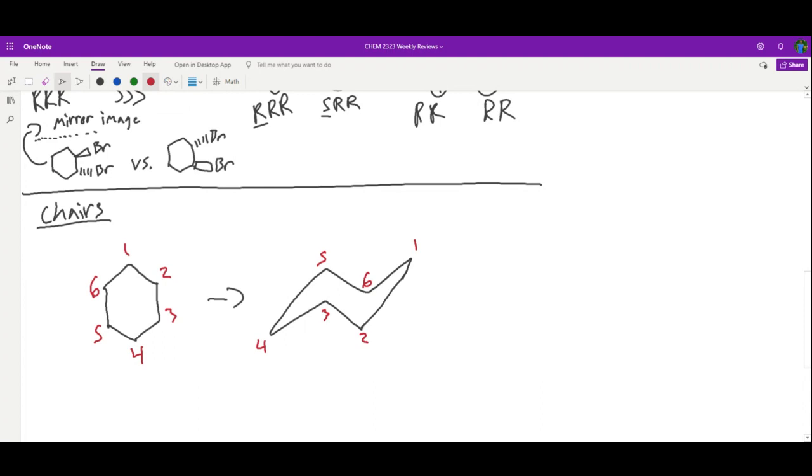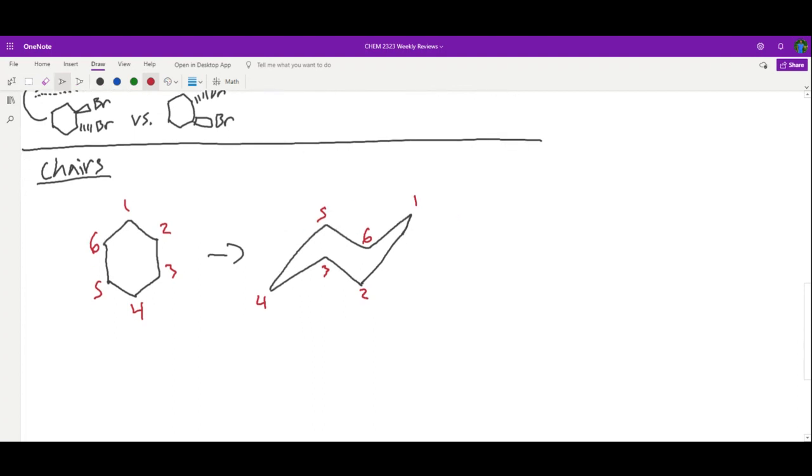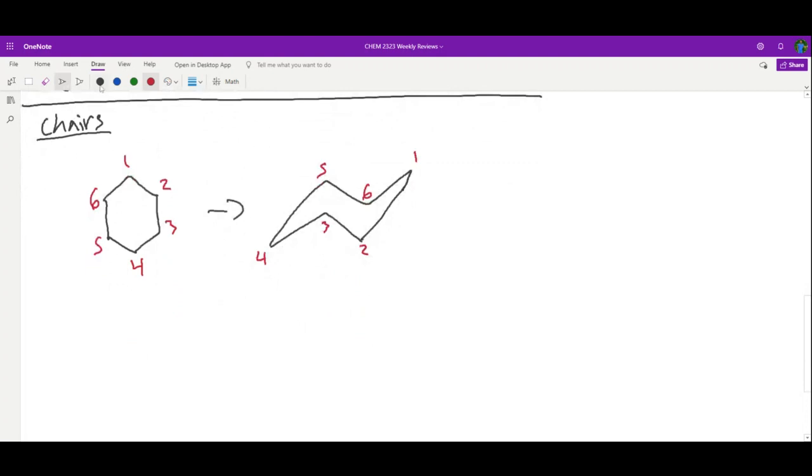That doesn't necessarily mean you need to put it here. You can put it here, just put it in the equatorial position. But to keep it consistent, I would recommend always starting 1 here or whatever way you prefer. Okay?